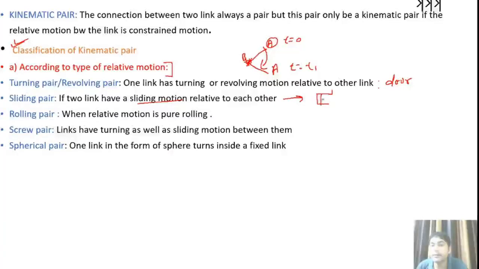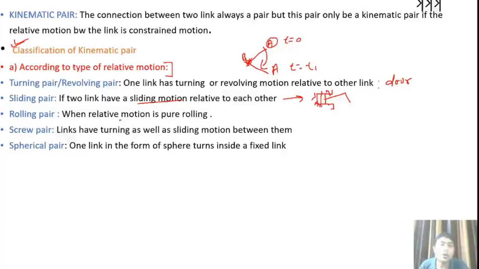For example, piston cylinder assembly. This is our piston, this is our cylinder. The piston slides inside the cylinder, so it makes a sliding pair.